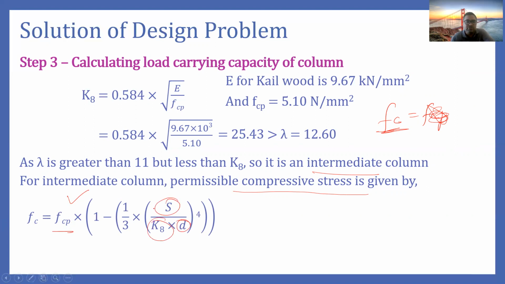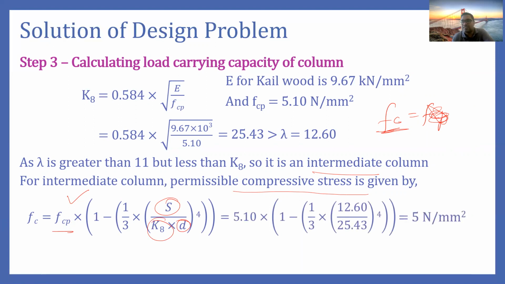Putting all the values in this relation, we get the value of FC as 5 Newton per mm square. For the short column it was 5.1, but now for the intermediate column it is reduced. As I said earlier, as the column slenderness ratio increases, its permissible compressive stress decreases.